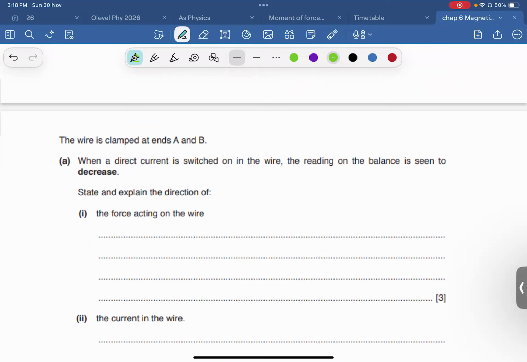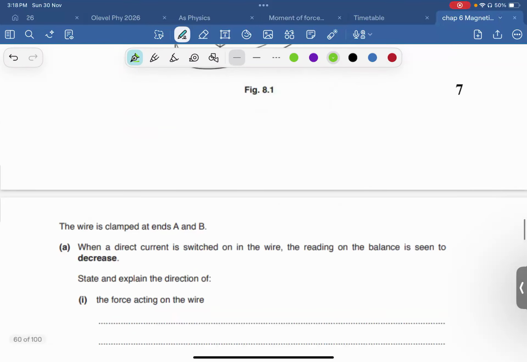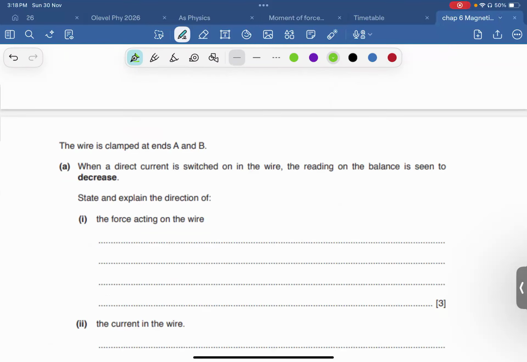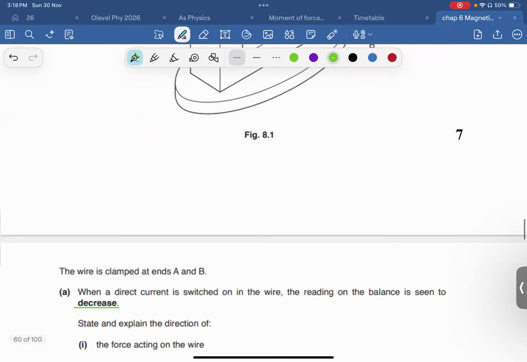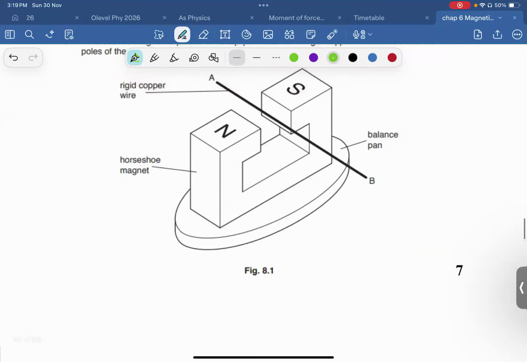A direct current is switched on and the reading on the balance is decreased. So basically, what the balance reads is a normal reaction force. And there should be another normal reaction force.